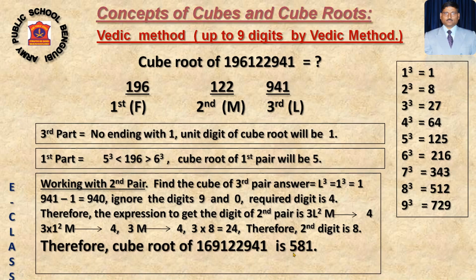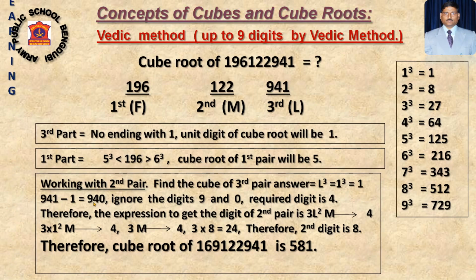First part is 5, last part was 1, and the middle part you have just got is 8. Middle part calculation, again I am repeating. Whatever last part you get, you have to find its cube. In this case the last part was 1, and 1 cube is 1. This 1 you have to subtract from the number. So I am getting 940.